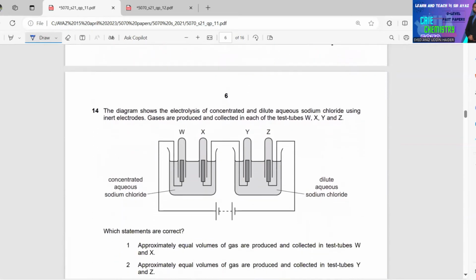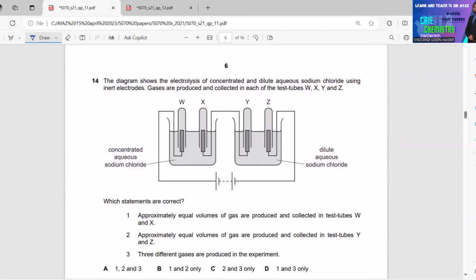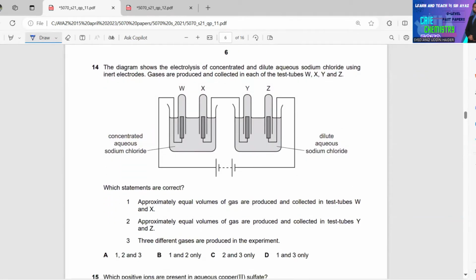Moving to next question, which is 14. The diagram shows the electrolysis of concentrated and dilute aqueous sodium chloride using inert electrodes. Gases are produced and collected in each of the test tubes W, X, Y, and Z. So W and X, we don't know the electrodes, but if you look at the sign, this must be negative and this must be positive.